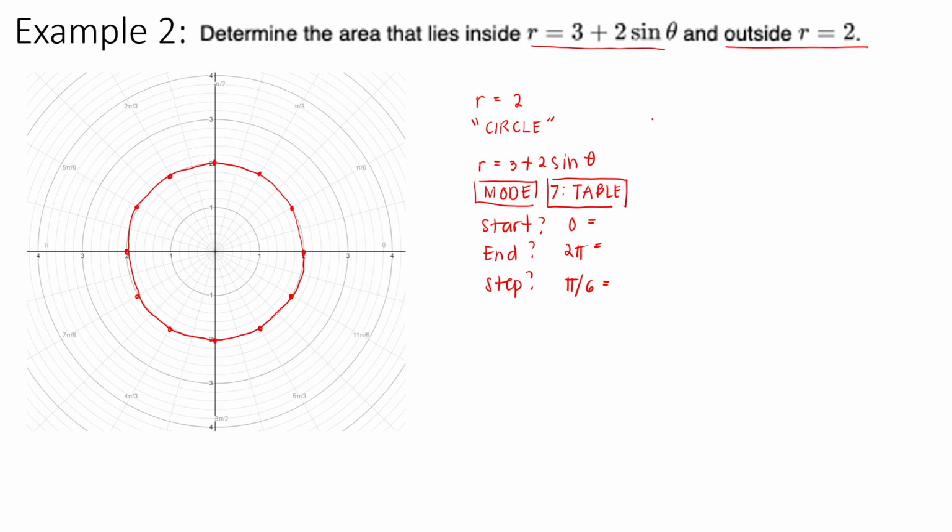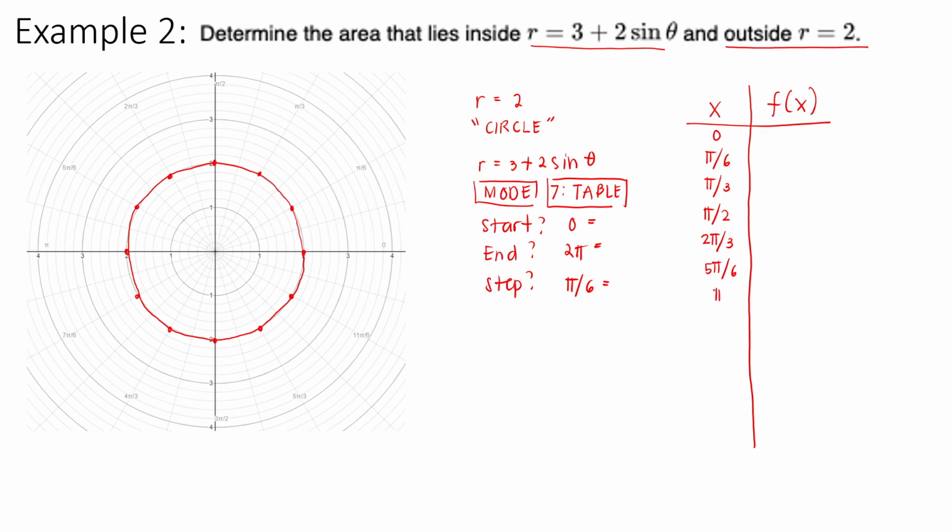Okay, so we're going to write again the table. So x against f of x. So 0, then pi over 6, pi over 3, pi over 2, 2 pi over 3, 5 pi over 6, then pi, then 7 pi over 6, 4 pi over 3.